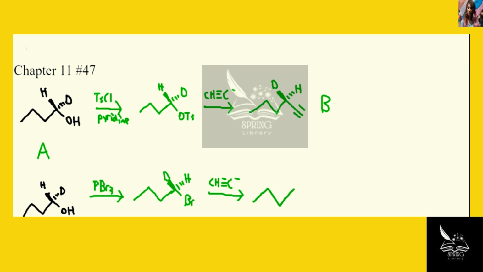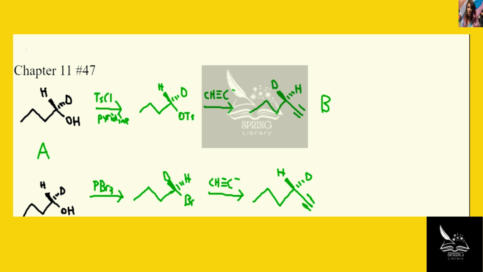And so our stereochemistry will be back to the configuration that we had in A, in our starting material. So there's our alkyne that we've added. And then here is the stereochemistry, which has been inverted again to give us that original configuration.